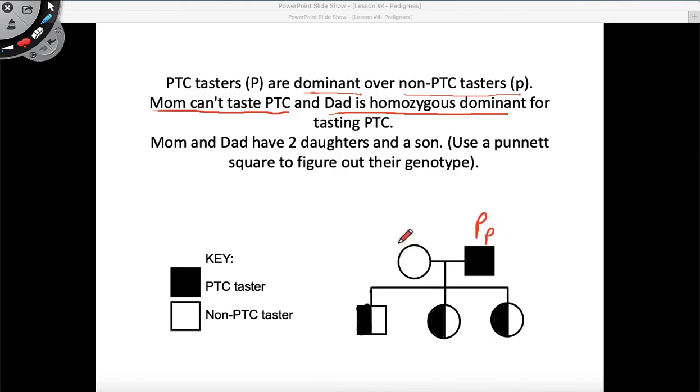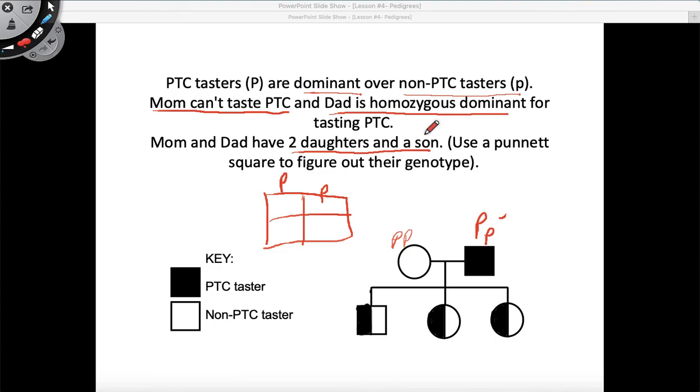Mom is a non-taster, so it's little p. And mom and dad have 2 daughters and a son. So first we've got to figure out the genotypes, right? So we do that by doing a Punnett square. So this is dad right here, big P, little p. Dad is homozygous.